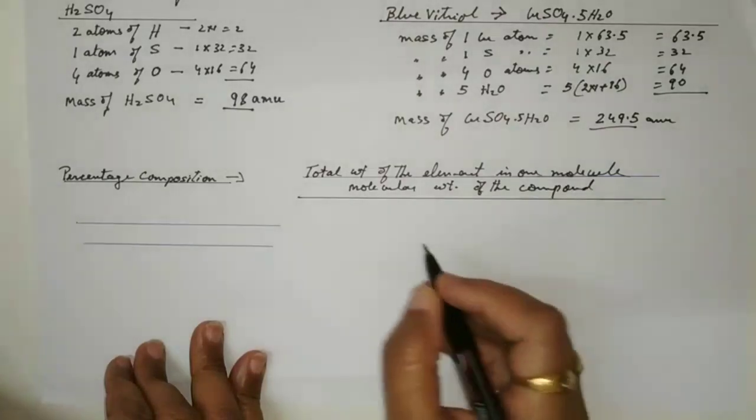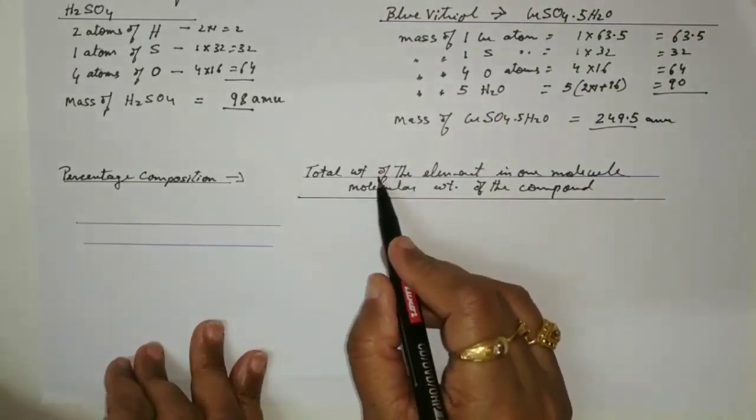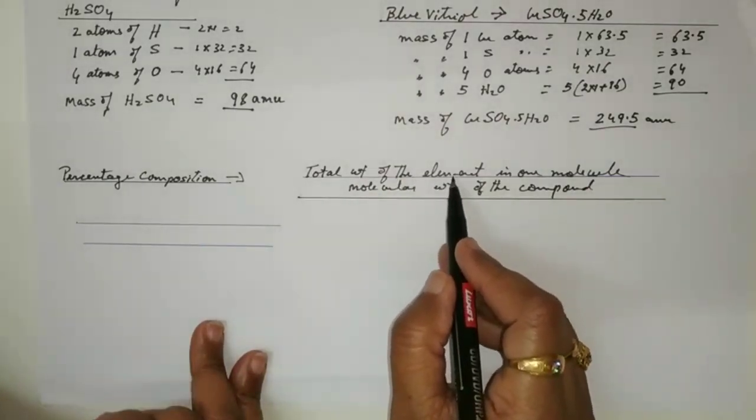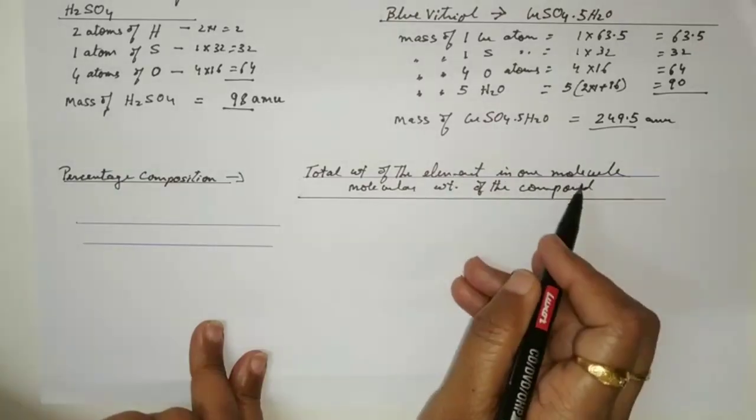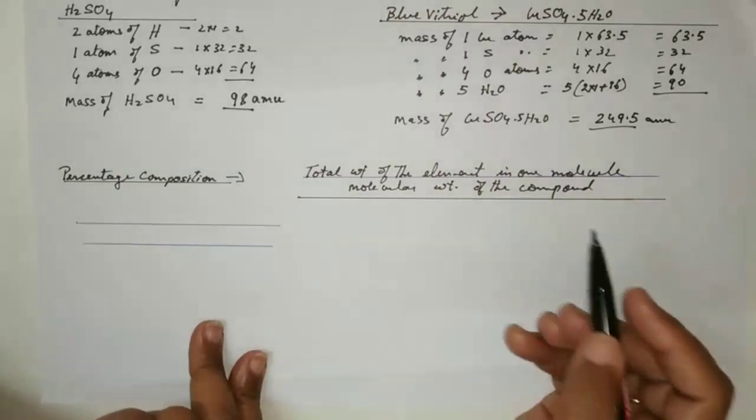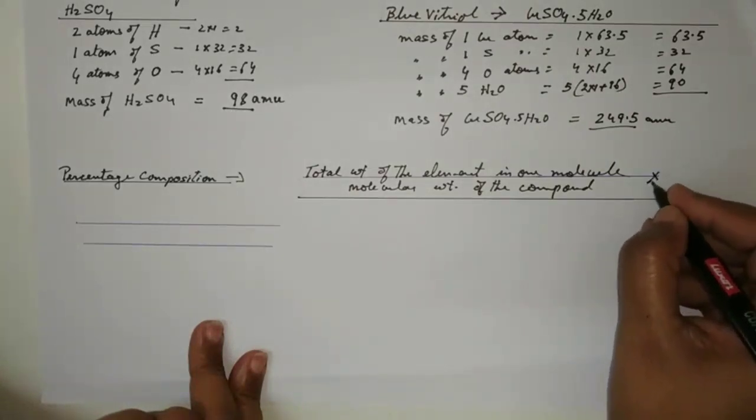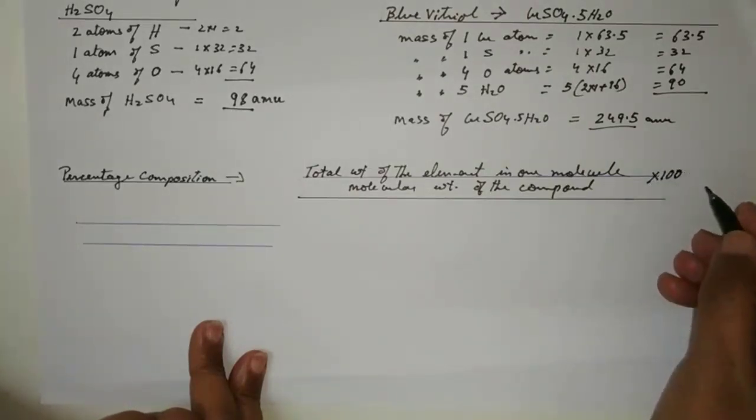So what you have to do is you have to find the total weight of that element whose percentage you have to find out in that molecule by the molecular weight of that compound and then multiply with 100.